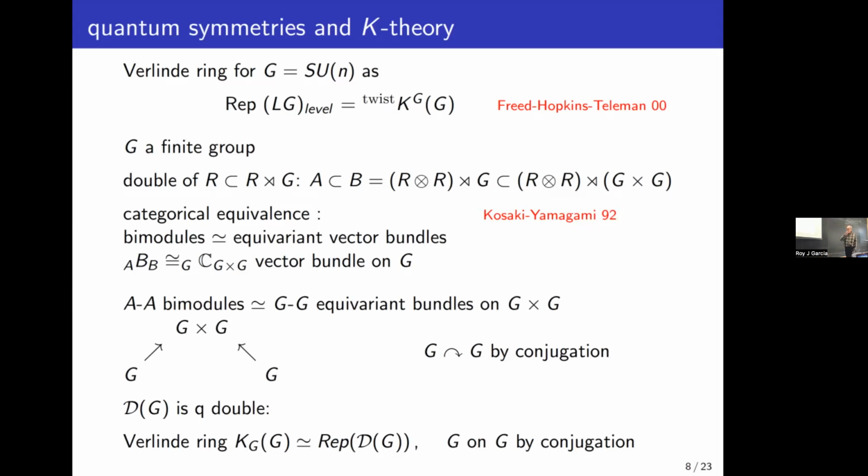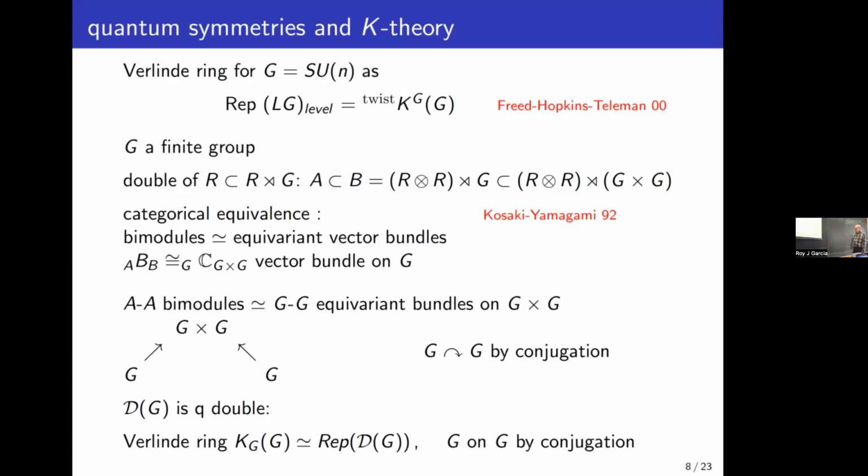I can simplify that a bit because let's say I take the right action of G on G cross G, I can kill the second factor. And then I forget about the rest of it. I've only got left G acting on the first factor. And if you follow that through carefully, what you end up with is conjugation action. Right? So it's then natural that the K theory of the double is given by looking at this.